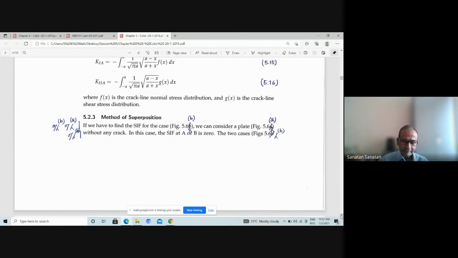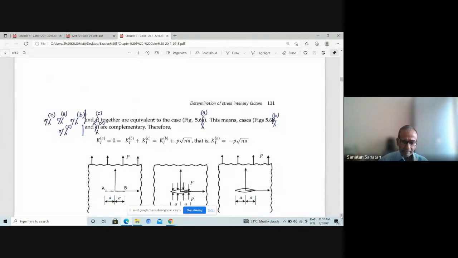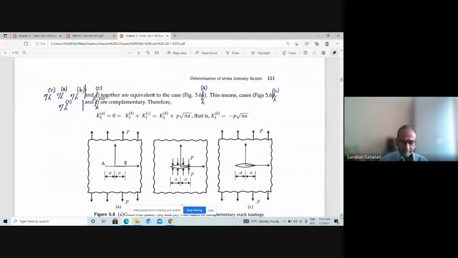Suppose you are interested in finding the solution for a case where you have the solutions for loading at the outer boundary of this plate. Then it is possible to find the solution for this case by the method of superposition.